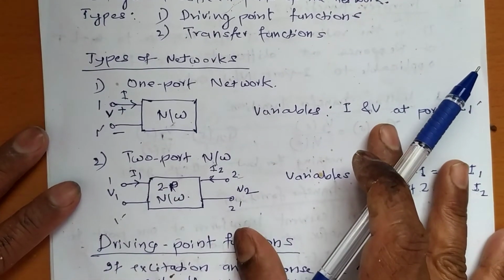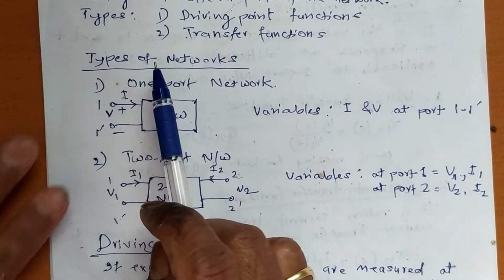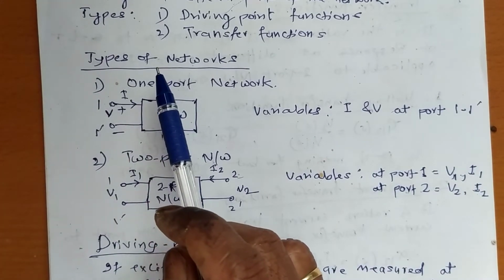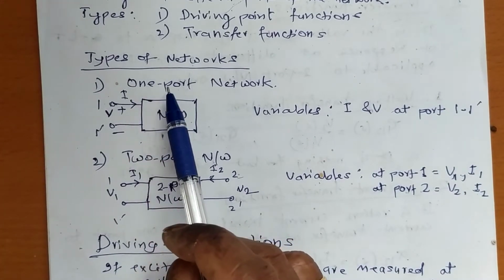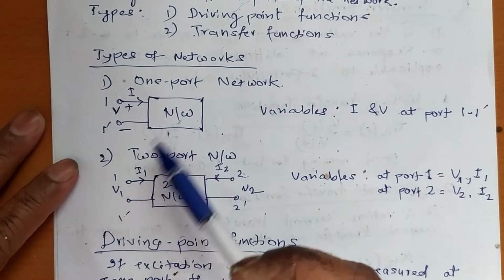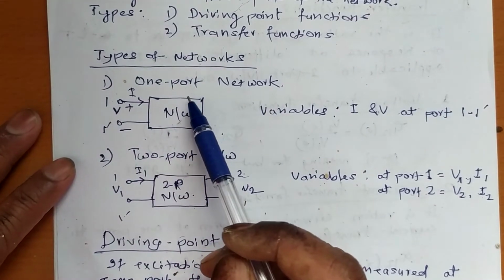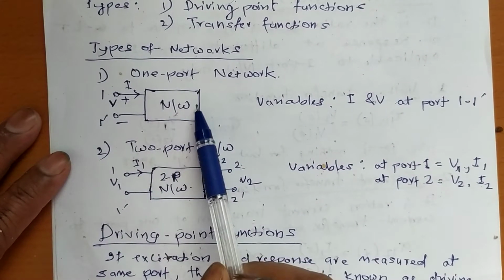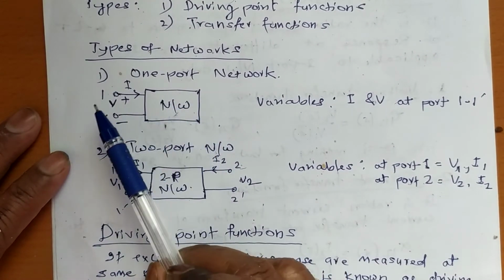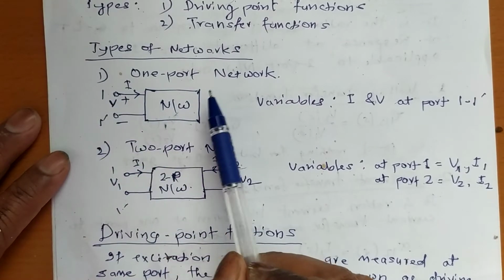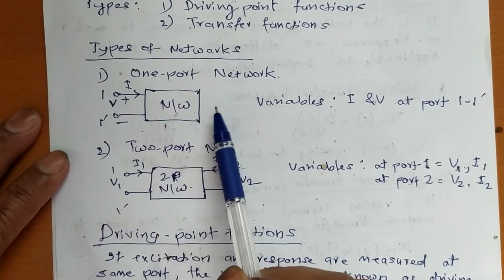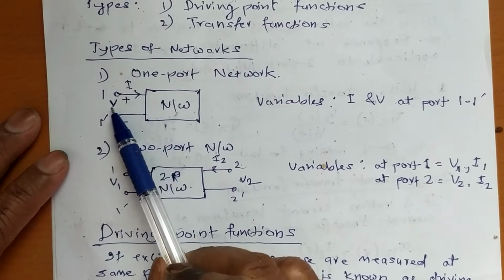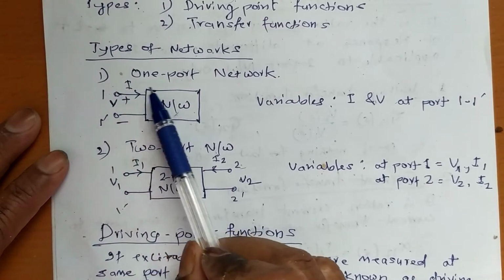Now, types of networks. As I said, in the syllabus there are only two types, one-port and two-port, and you will have problems on either. It's very simple. In a one-port network you can see only one port; there is no output derived separately. When I apply a voltage, current is drawn.